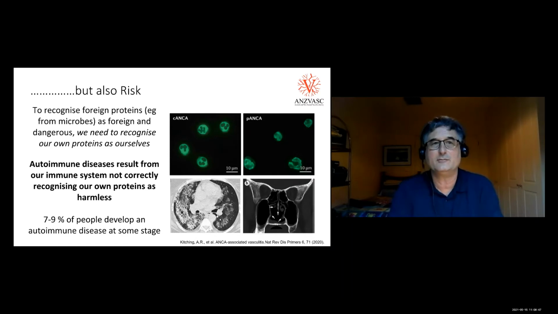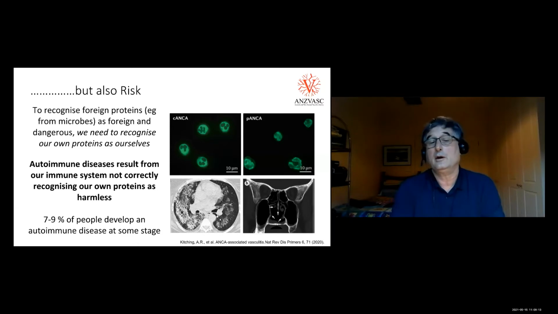But this comes with risk. This immune system is complex, and it comes with risk, because to recognize foreign proteins and foreign molecules on bugs as foreign and dangerous, we also need this system to evolve to recognize our own body and our own proteins as ourselves. And when this fails, as it does in about 7 to 9% of people in their lifetime, this is an autoimmune disease.